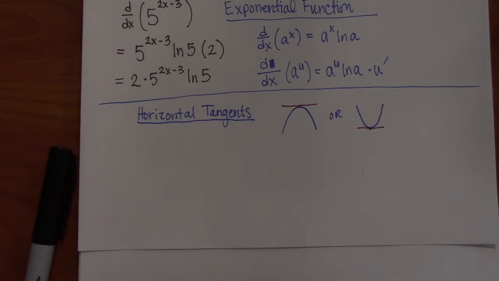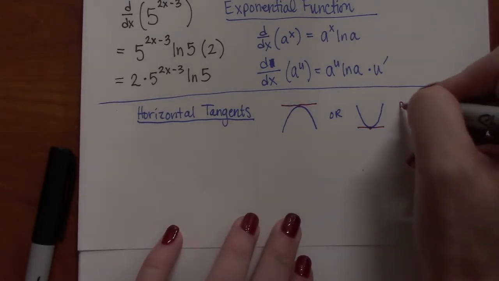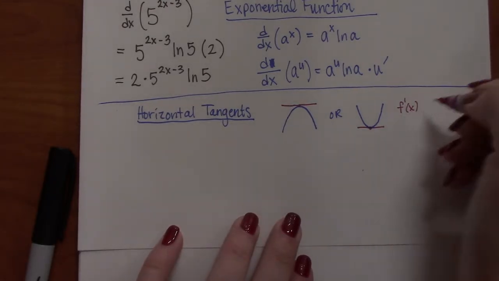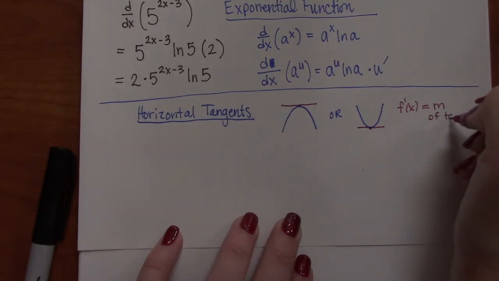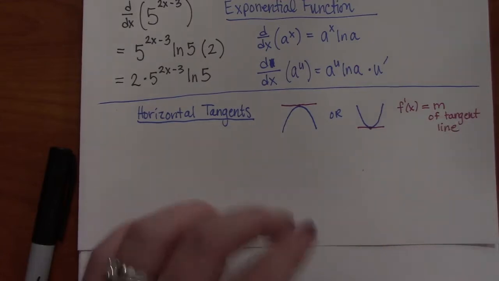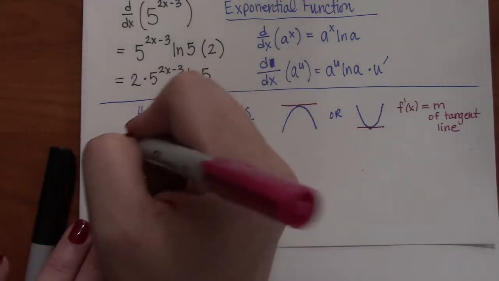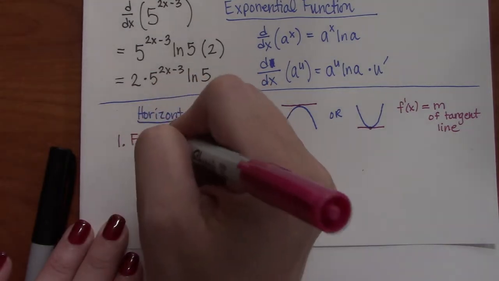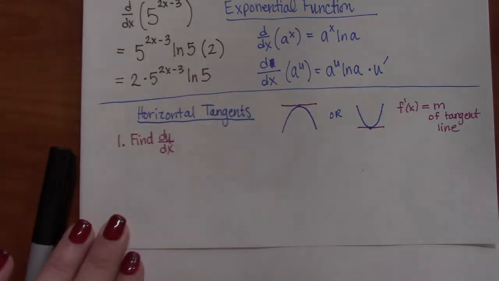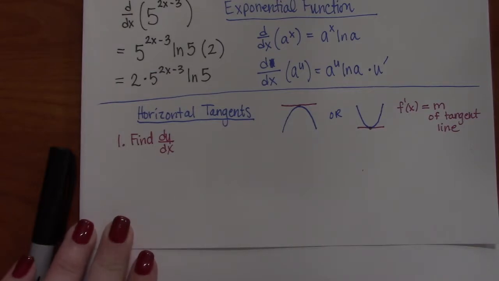So we can see from this, since we know the derivative is the slope of the tangent line, then when we want a horizontal tangent, we find dy/dx or df/dx, whatever the name of your function is.